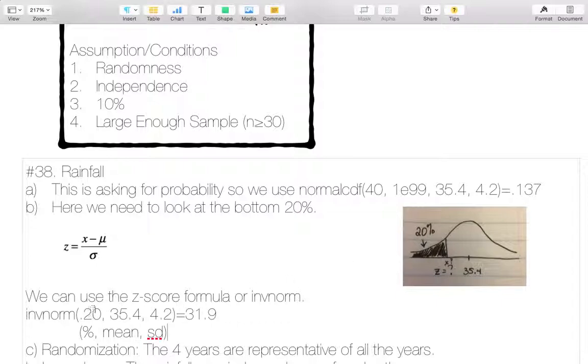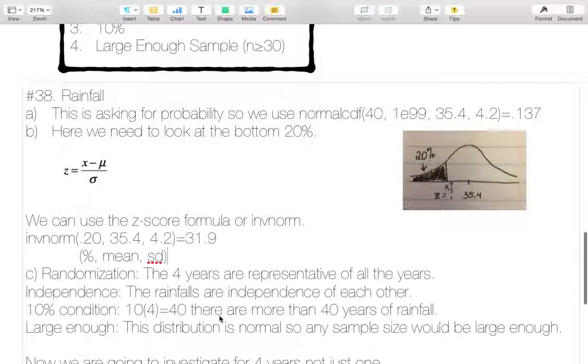So if we put this in there, it turns out it gives us 31.9, which makes sense. It's less than 35.4, and it's not that far off. So if we were to get less than or equal to 31.9 inches of rain, then I know that I'm in the bottom 20% of years for rainfall.